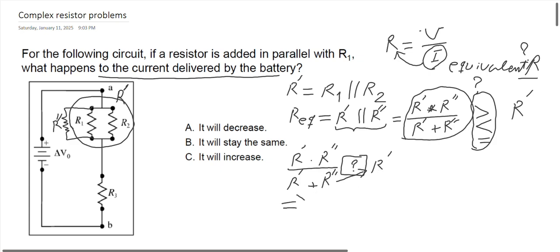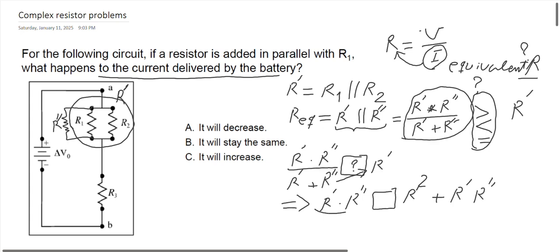As a result, I have R prime R second on the left side and the box, which I don't know the answer to yet. Let's multiply R prime with R prime plus R second. The answer would be R prime square plus R prime R second.